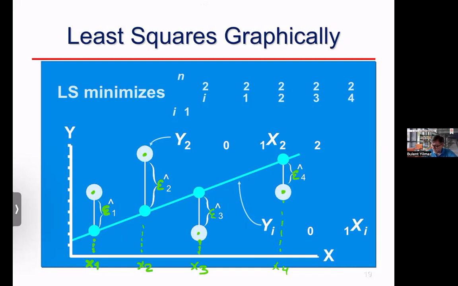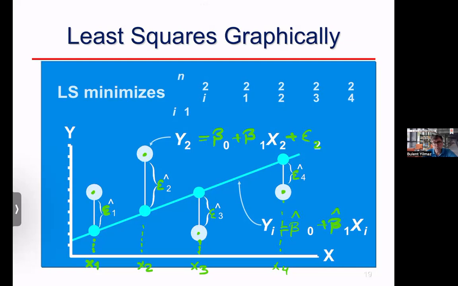So I have the actual population data, beta 0 plus beta 1 x plus errors, right? The actual error. But my prediction is going to be beta 0 hat plus beta 1 hat x.